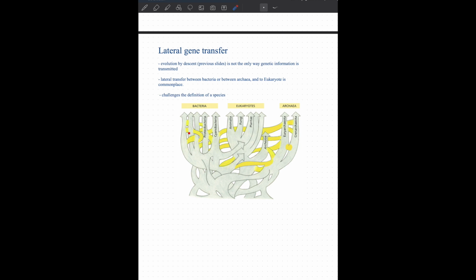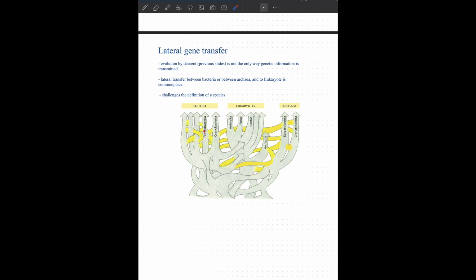There's many cases in the literature where they can pin down genes that have been transferred from parasite to host, and that includes from bacteria to the eukaryota, to animals, plants, and fungi, but often between different species of bacteria. And we won't get into that today.